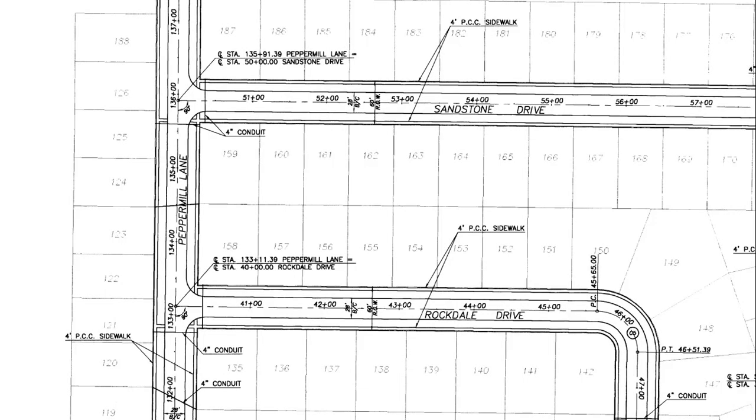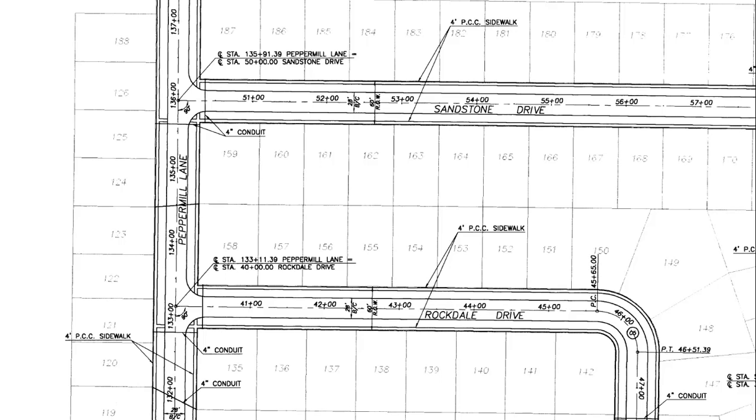So let's zoom in on that, and you can see here is the intersection of Sandstone Drive and Peppermill Lane. The station along the center line of Peppermill Lane is 135 plus 91.39, which is equal to the center line of Sandstone Drive, a station of 50 plus 00.